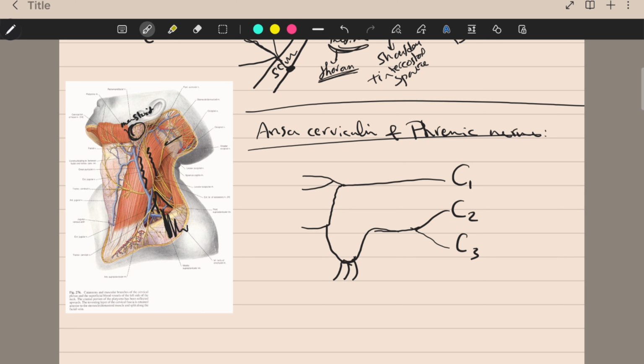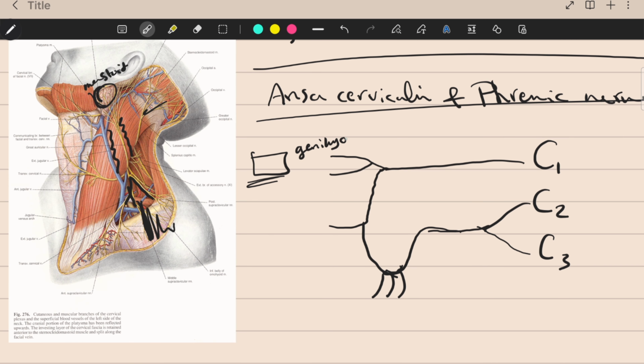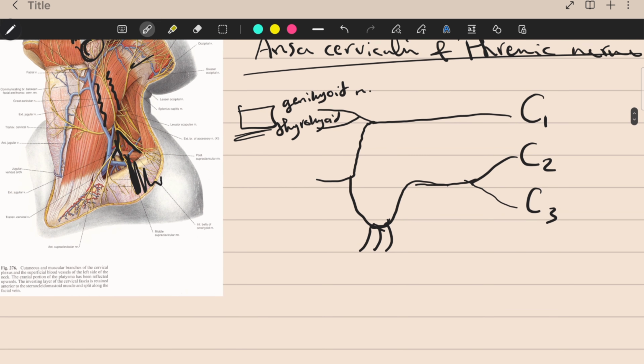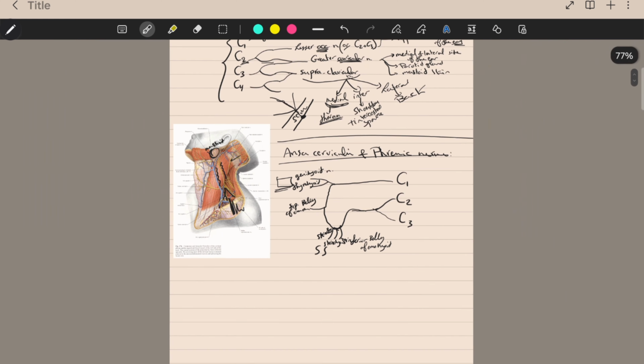C1 is at the level of the hyoid, so they have to be mentioned for the hyoid. We have the geniohyoid nerve and thyrohyoid, and here it supplies the superior belly of the omohyoid, and here it supplies the inferior belly of the omohyoid, and here we have sternothyroid and sternohyoid, and this will be for the ansa cervicalis.